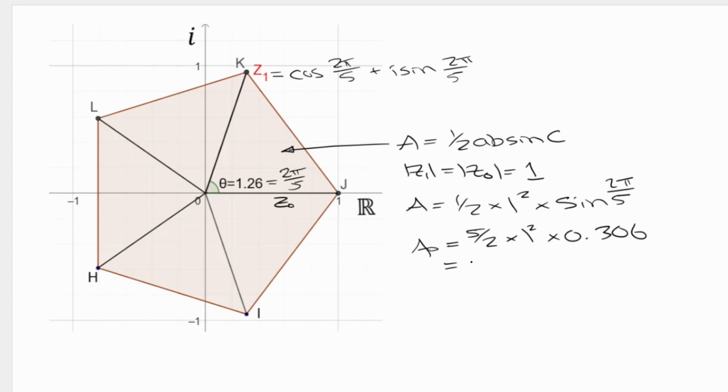We can get our value of the polygon area by multiplying by 5 and dividing by 2, and we end up with a value of 0.765 square units. So that's a fairly typical question, or rather part of a fairly typical de Moivre's theorem question, finding the area of the polygon made by the nth roots of unity.